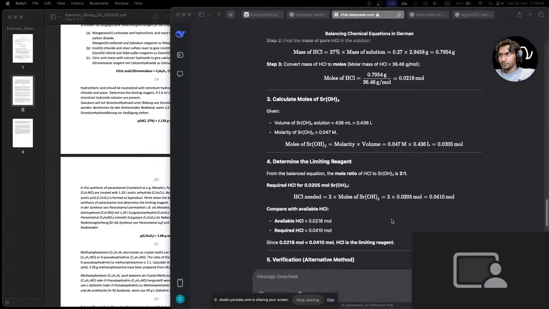So the mole ratio of HCl to strontium hydroxide is equal to 2:1. 2 times 10 raised to minus 2 moles of Sr(OH)2 twice needs 2 times 2 times 10 raised to minus 2 moles HCl.